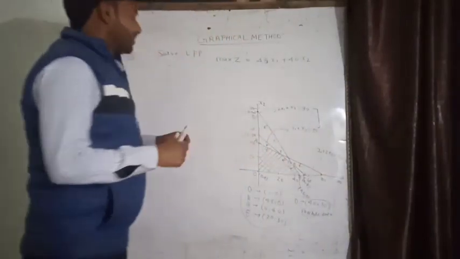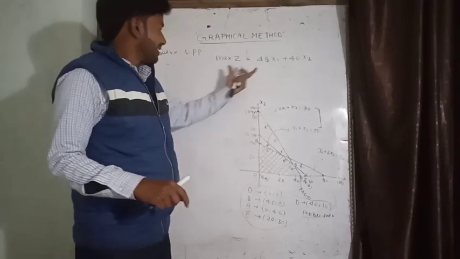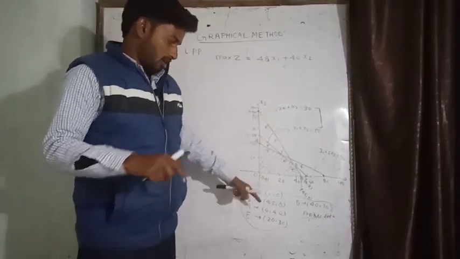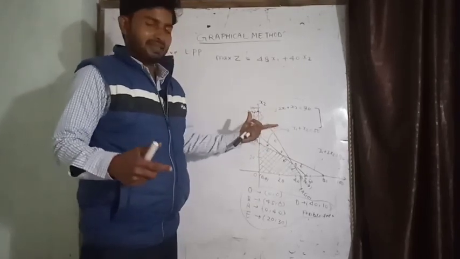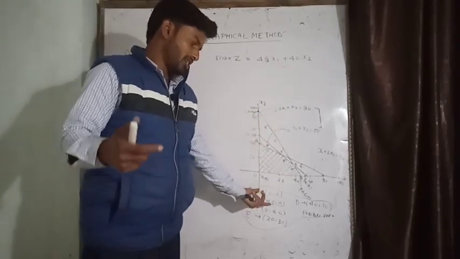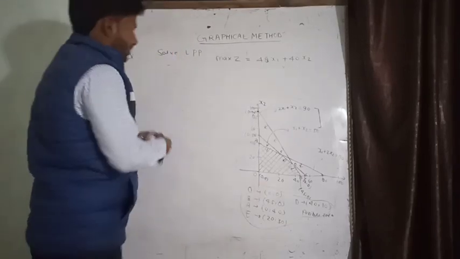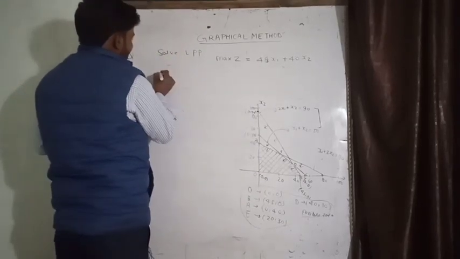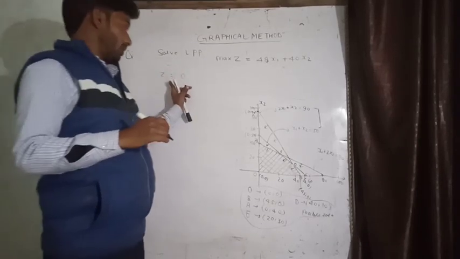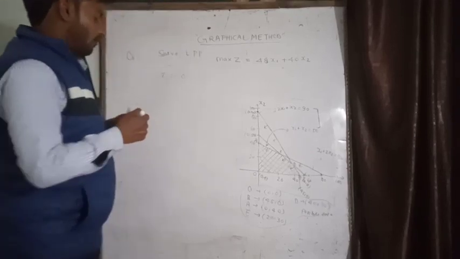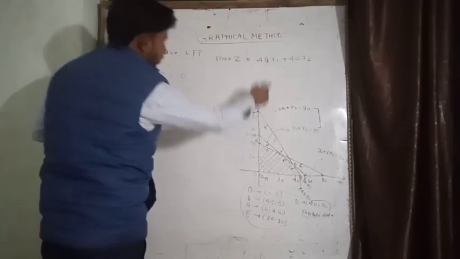Now for the optimal solution, we put these values in this equation, and the feasible solution for which we get the maximum value is called the optimal solution. First we put point O, so we get Z is equal to 0. Again, we put point B, that is x1 is equal to 45.